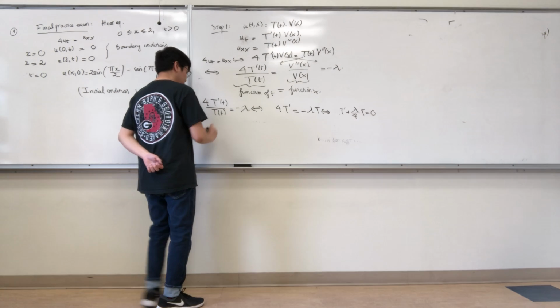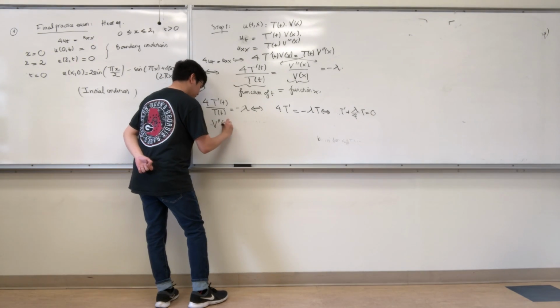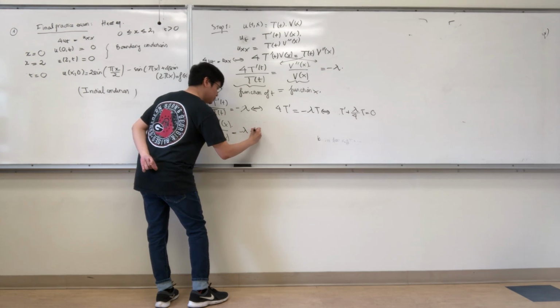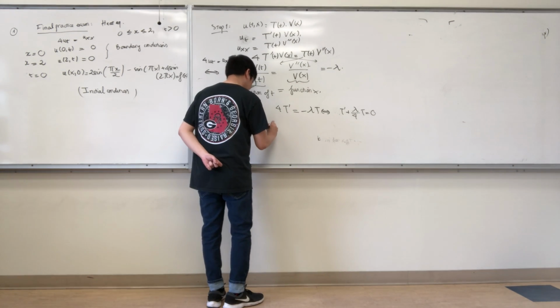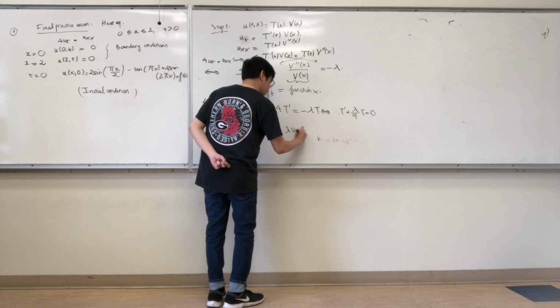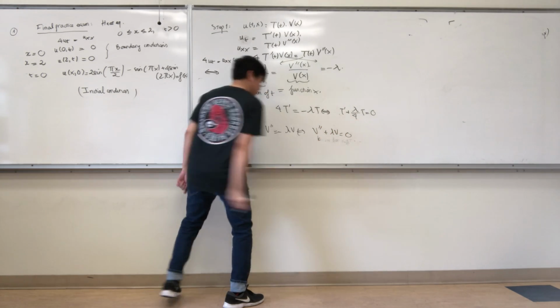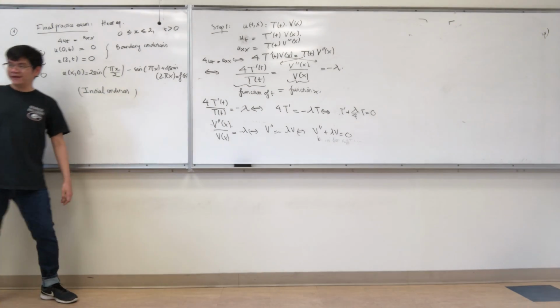All right, and the second equation, V second over V is minus lambda, which means that V second is minus lambda V, and this means that V second plus lambda V is 0.